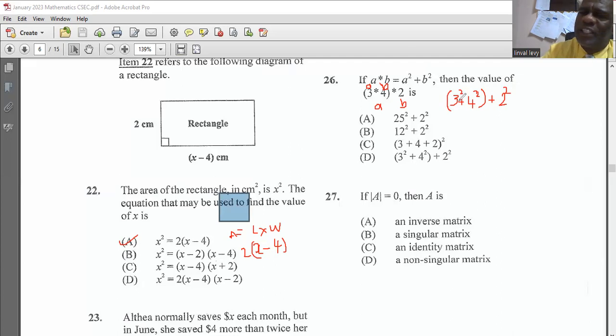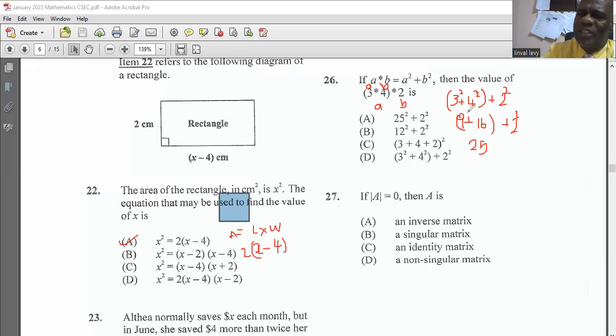So 3 squared would be 9 plus 16 plus 2 squared, right? 9 and 16 is 25, right?